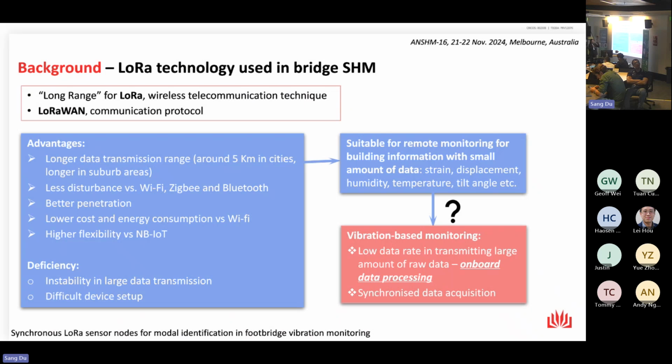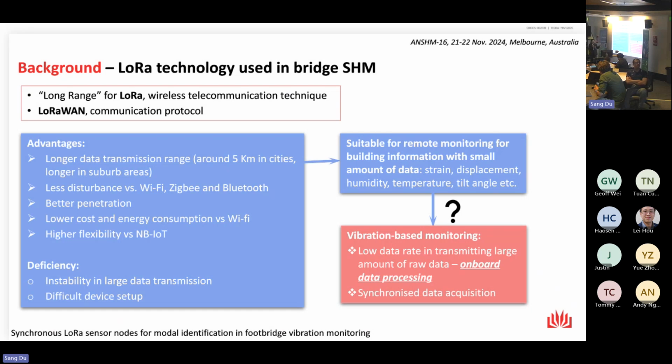I'll introduce LoRa first, because LoRa nodes can transmit LoRa packets between the end devices. And LoRaWAN is a communication protocol which can help the LoRa nodes to transmit data back to the central network using a gateway.